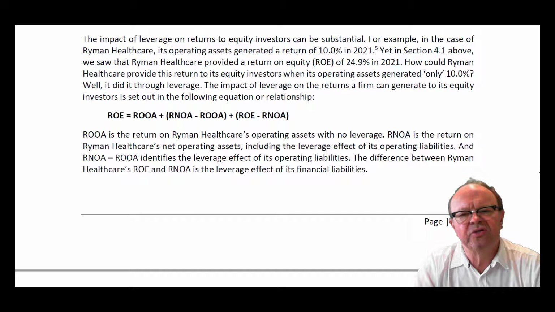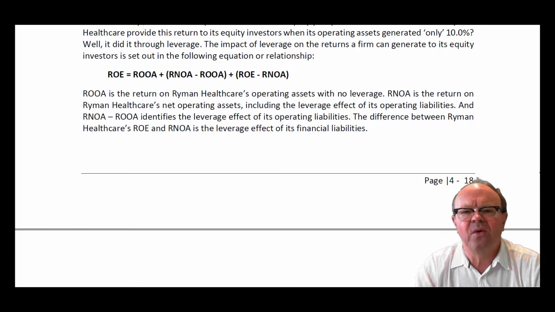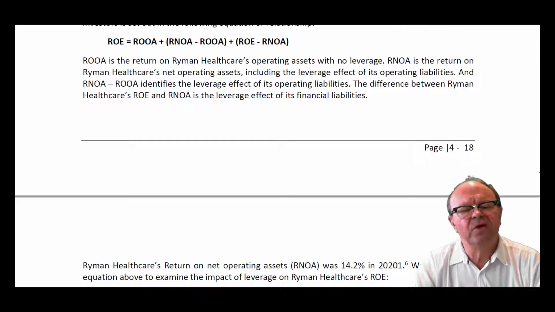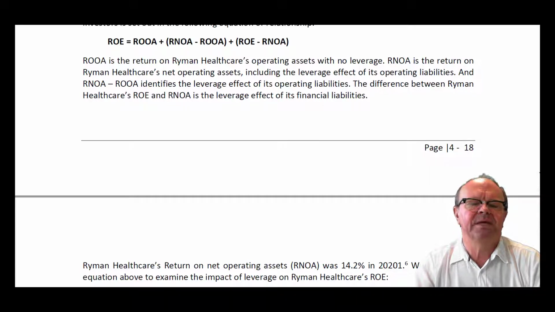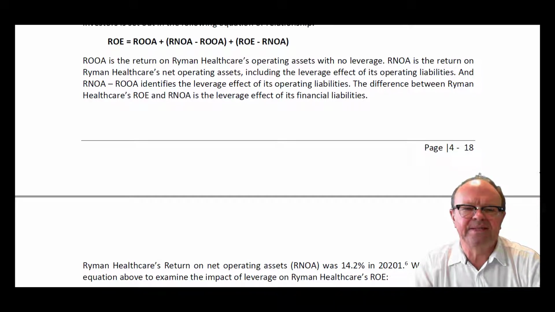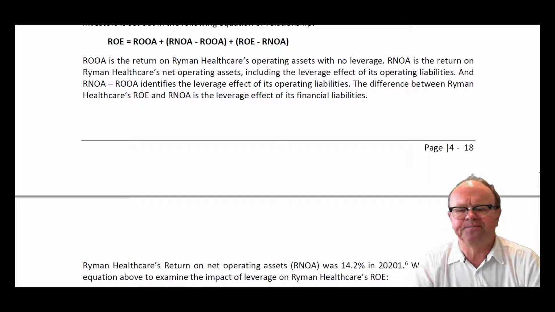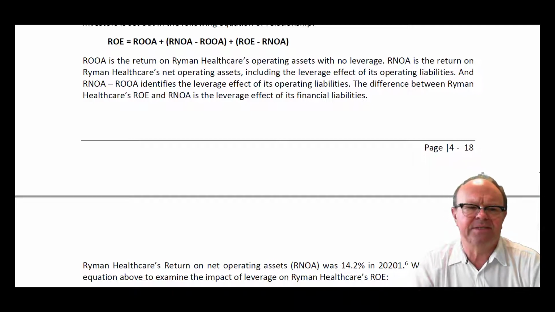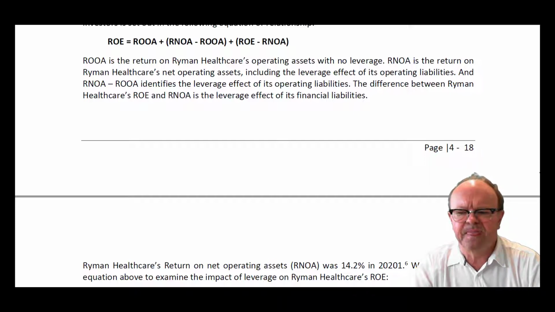The impact of leverage on the returns a firm can generate to its equity investors is set out in the following equation or relationship. Return on equity equals return on operating assets plus, in brackets, return on net operating assets minus return on operating assets, close brackets, plus, in brackets, return on equity minus return on net operating assets, close brackets. ROOA, return on operating assets, is the return on Ryman Healthcare's operating assets with no leverage.